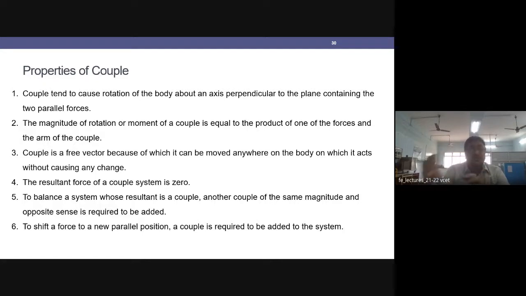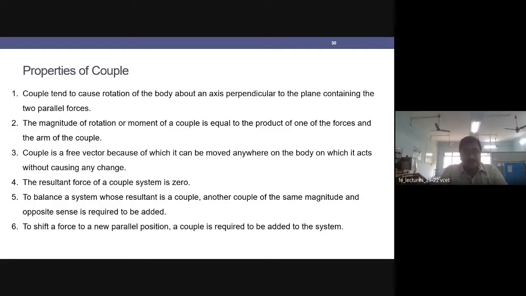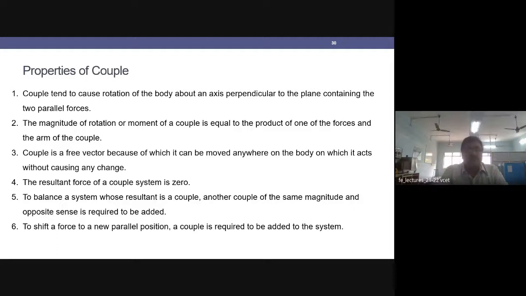Sir, that fifth point, you mean in order to keep it stable we have to add another in the opposite direction? Yes, if it is necessary.